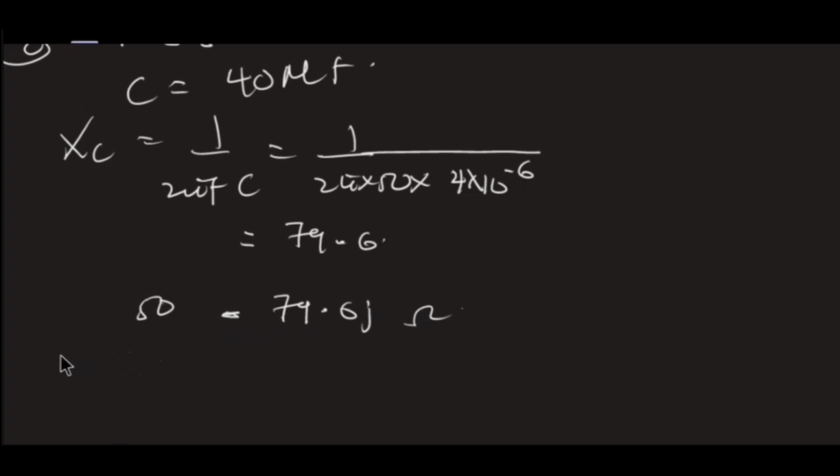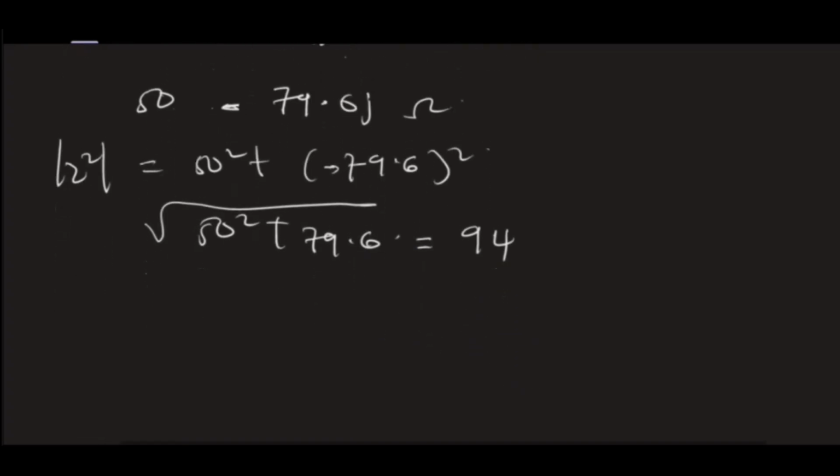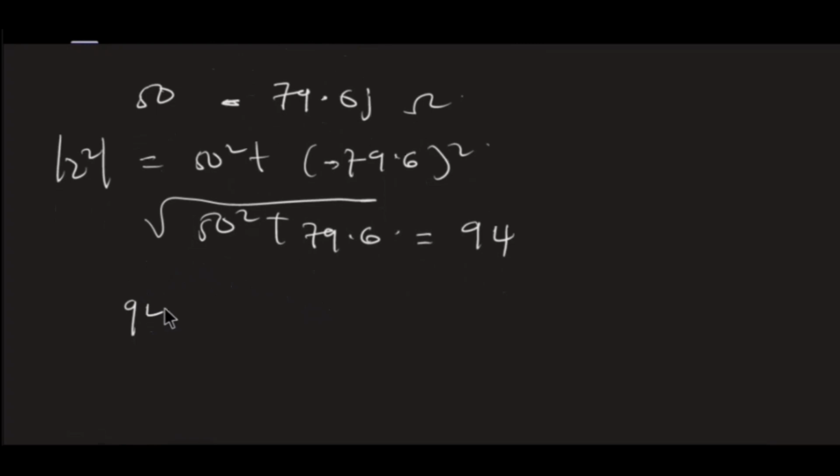In the polar form, we take the magnitude of Z as the square root of 50 squared plus negative 79.6 all squared. So there's no need even bringing the negative. This is going to give me 94. So in the polar form, I have 94 being my magnitude.